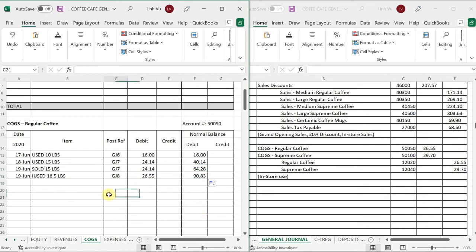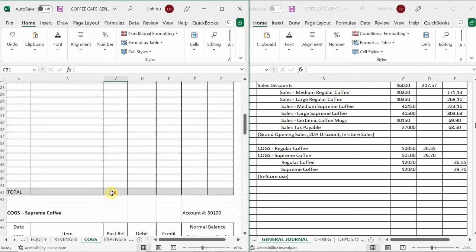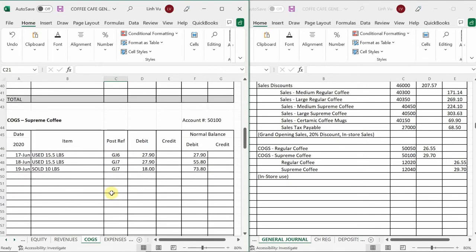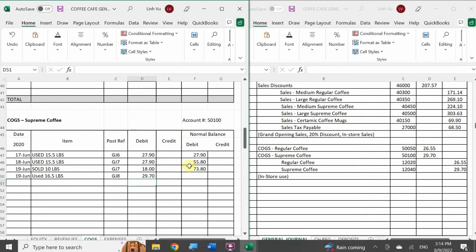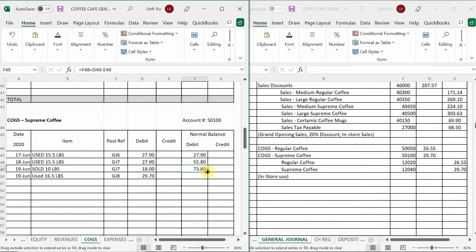Good. Supreme coffee. We used 16.5 pounds, and it's $29.70. And then now the debit total is $103.78.